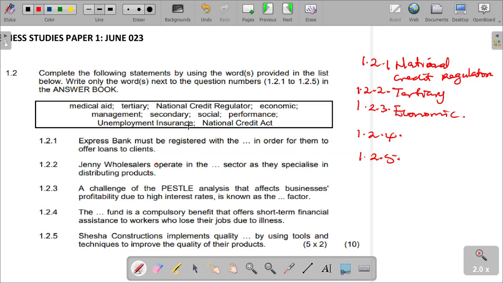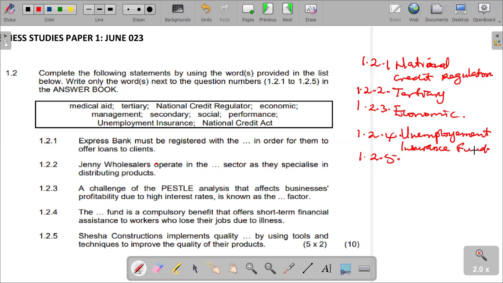Number 1.2.4: it is the Unemployment Insurance Fund, which you normally see people talking about as UIF.